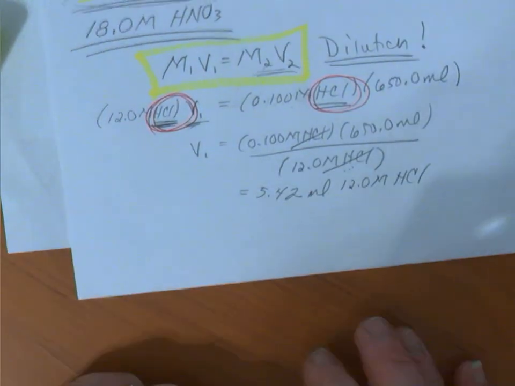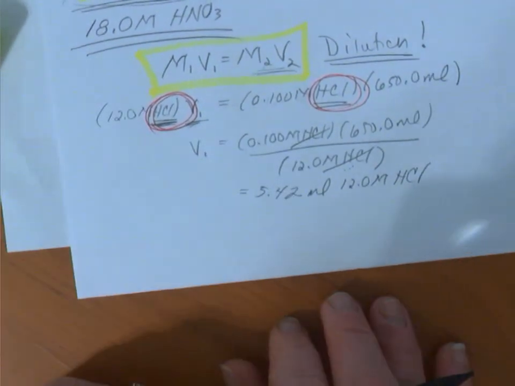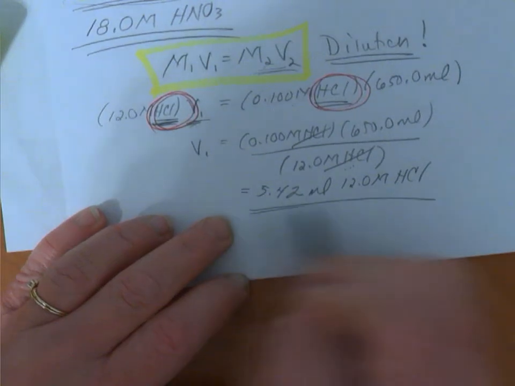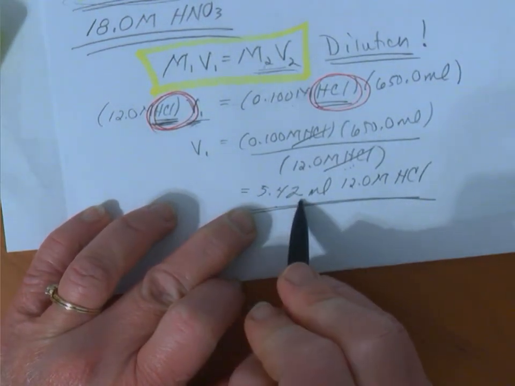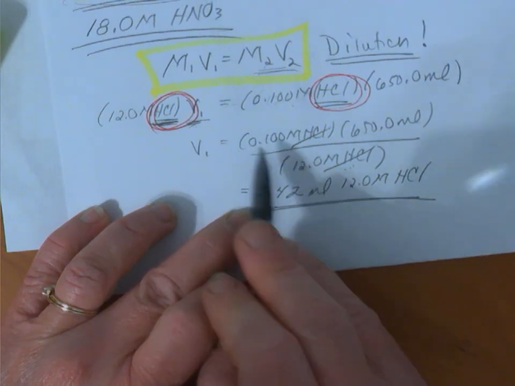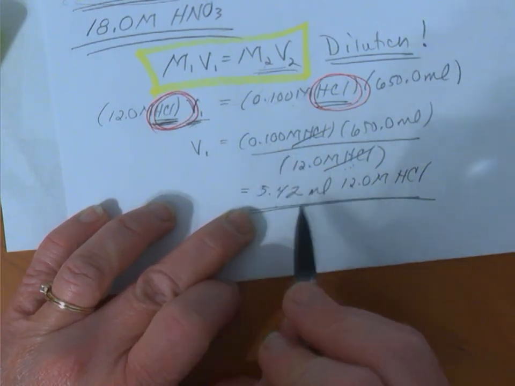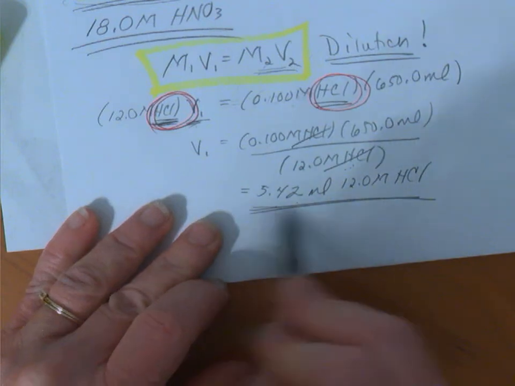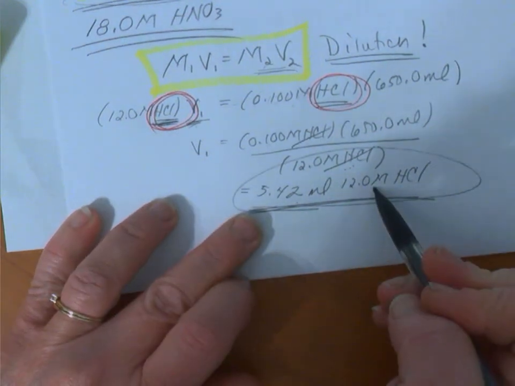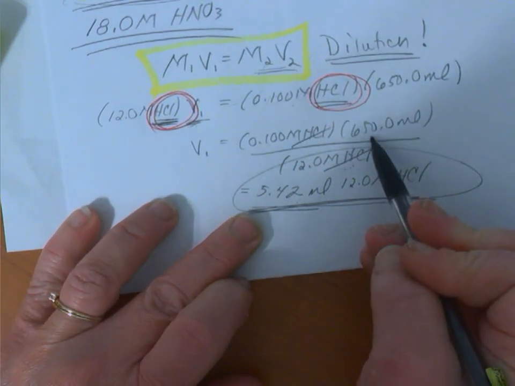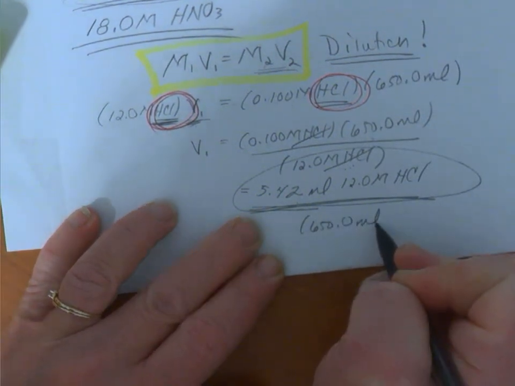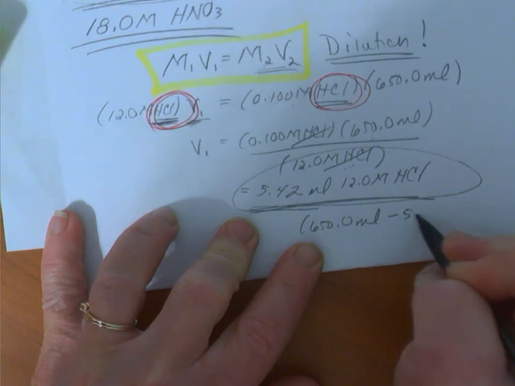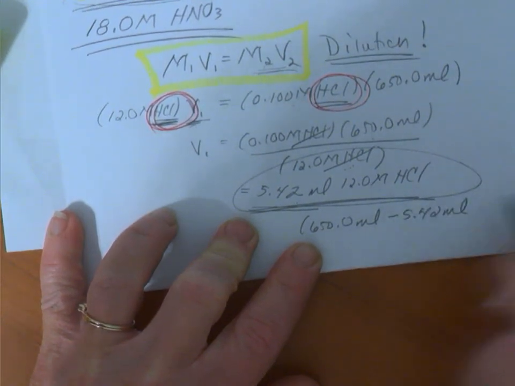Okay, well, is that it? Do I just measure out 5.42 milliliters? Well, of course not. It's not of this concentration until I add solvent. So this is how much of the stock solution you would measure. The difference, the dilute volume minus the concentrated stock volume.